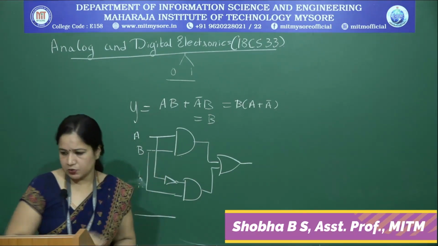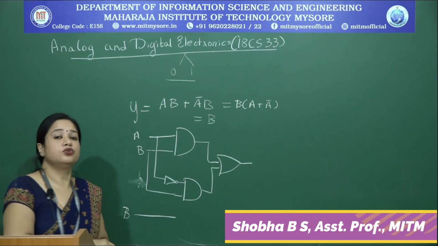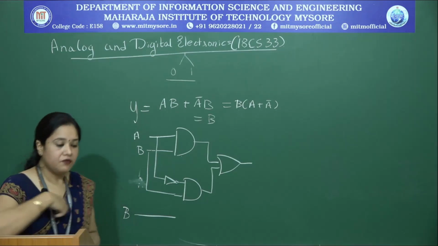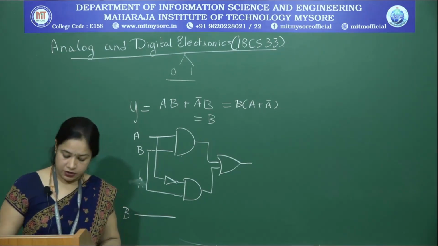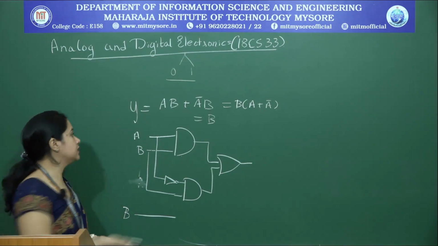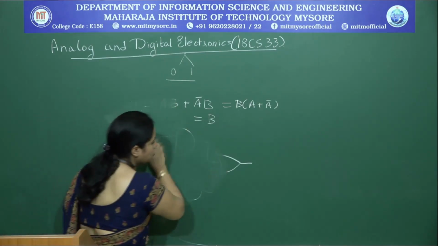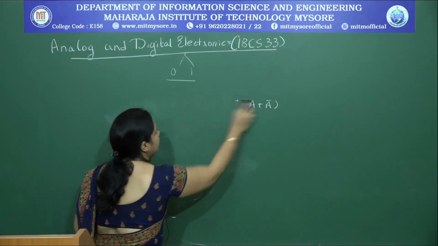Our intention, this is only a simple example I took to demonstrate why simplification is required. So we have already discussed Boolean algebra in detail in your basic electronics. Now we will discuss advanced approaches used for simplifying a given expression.